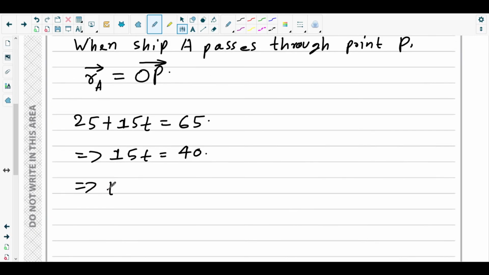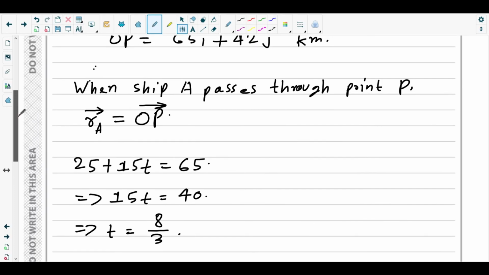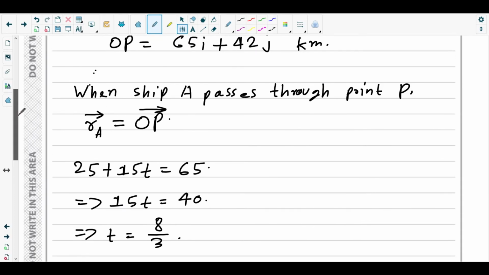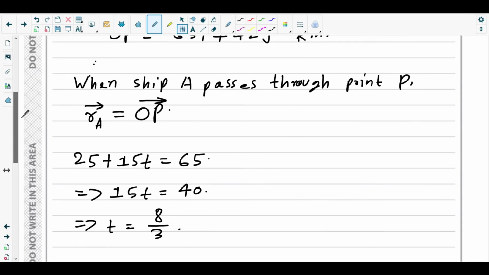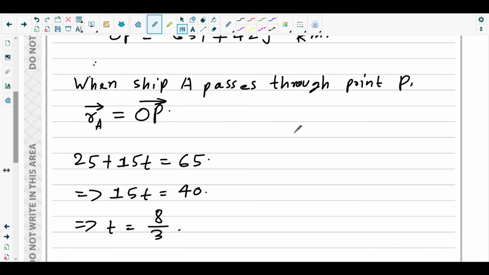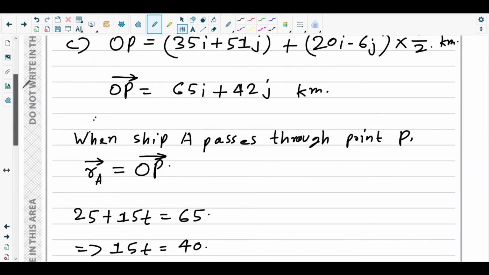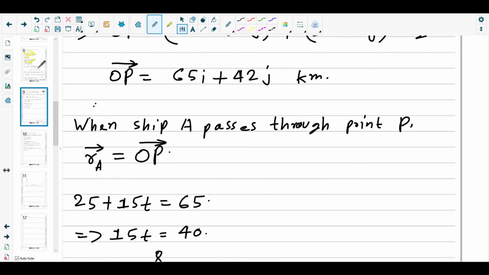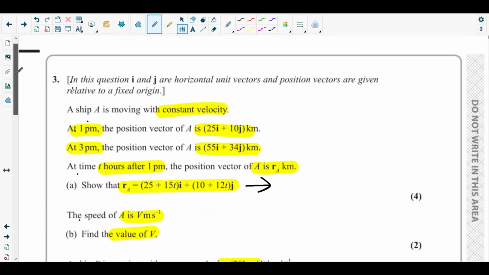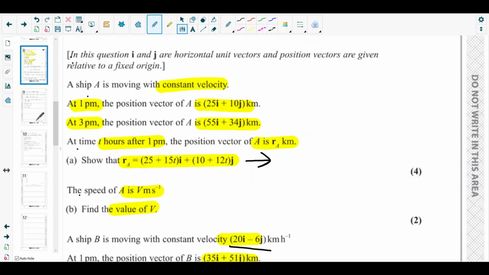So the value for t would be 40 over 15, which is 8 over 3. So we got the time t, 8 over 3, when ship A will be at point P. Now we will equate the j component of point P to the j component of ship A, which is 10 plus 12t.